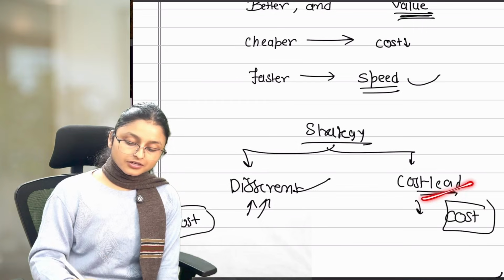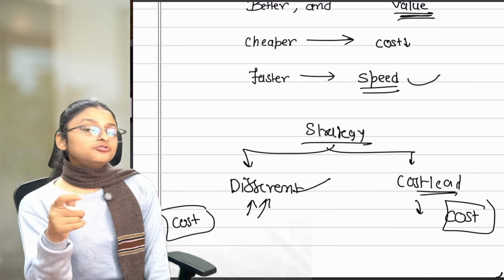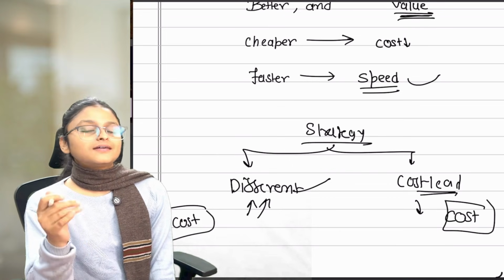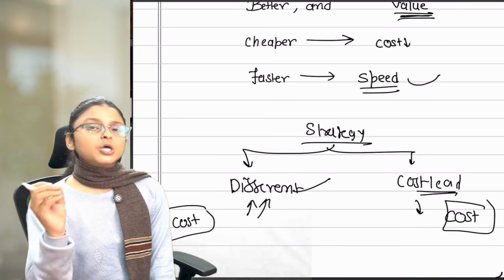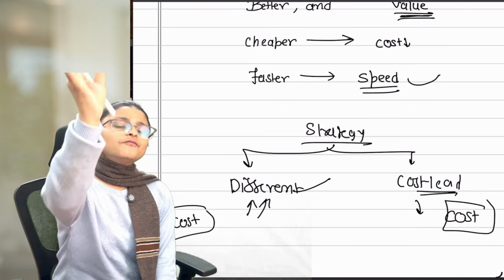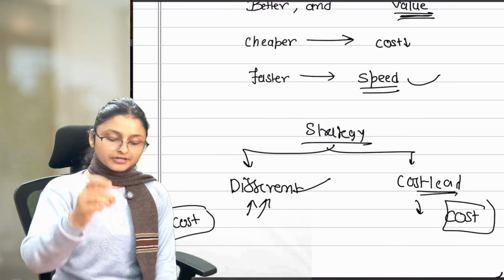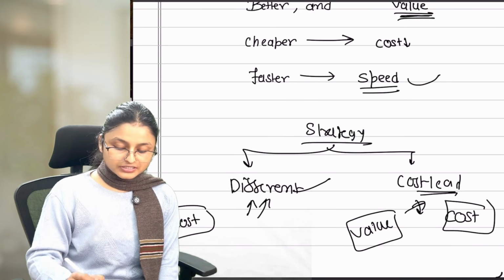And that means in cost leadership also, would you not try to improve the things which you are providing? Think about it. Whatever things or processes or systems which you are following in your supply chain, would you not try to improve it somewhat so that you can increase more efficiency? You will definitely try it. And that is why value is added in cost leadership also.